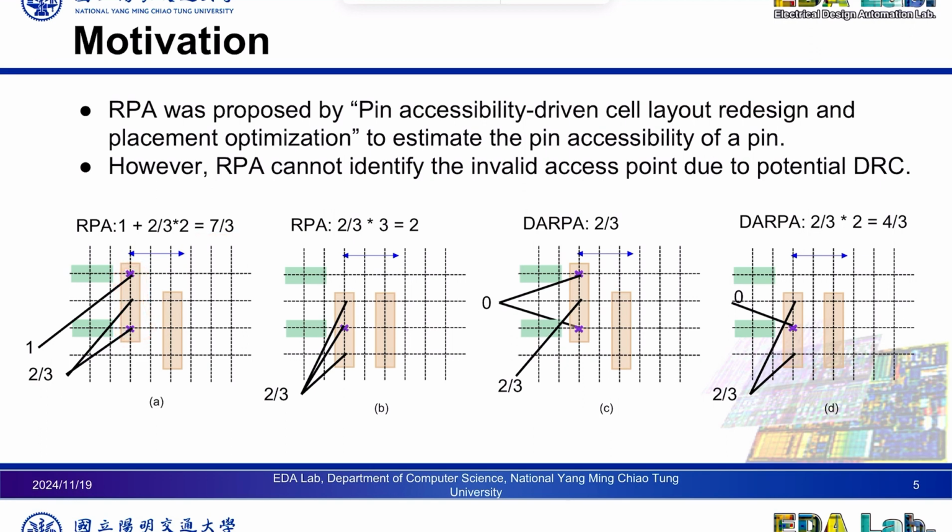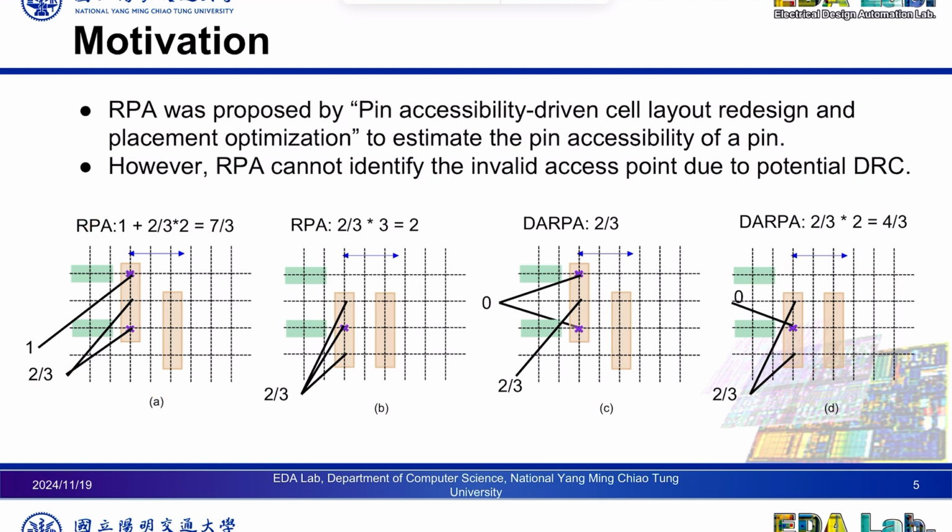In the same way, we can compute the RPA of this second situation, in which these two pins share 3 tracks. So the RPA value is 2 in this example, which means if we use RPA to optimize the pin accessibility, we finally generate the cell layout like this.